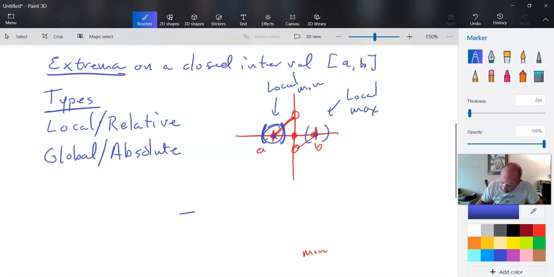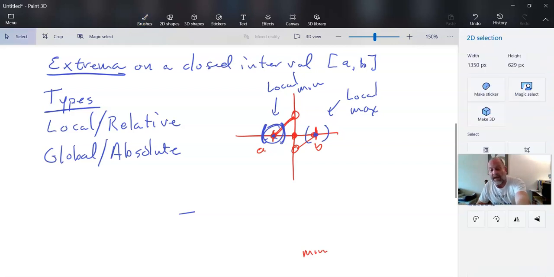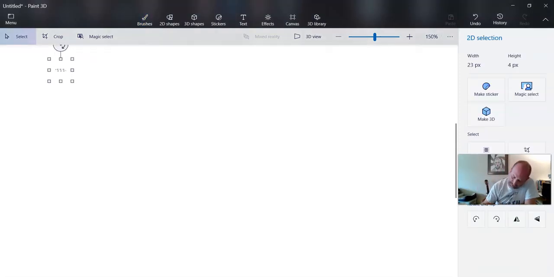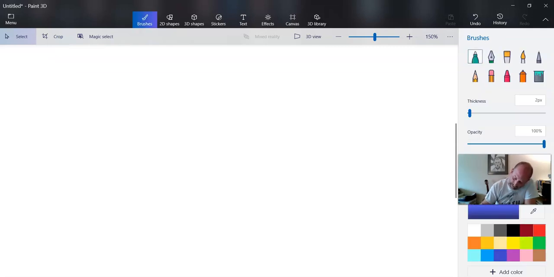Okay, so let's go ahead and get rid of that, and we'll start looking at some examples here. Our goal is basically this. We're given some function f, f of x equals whatever.